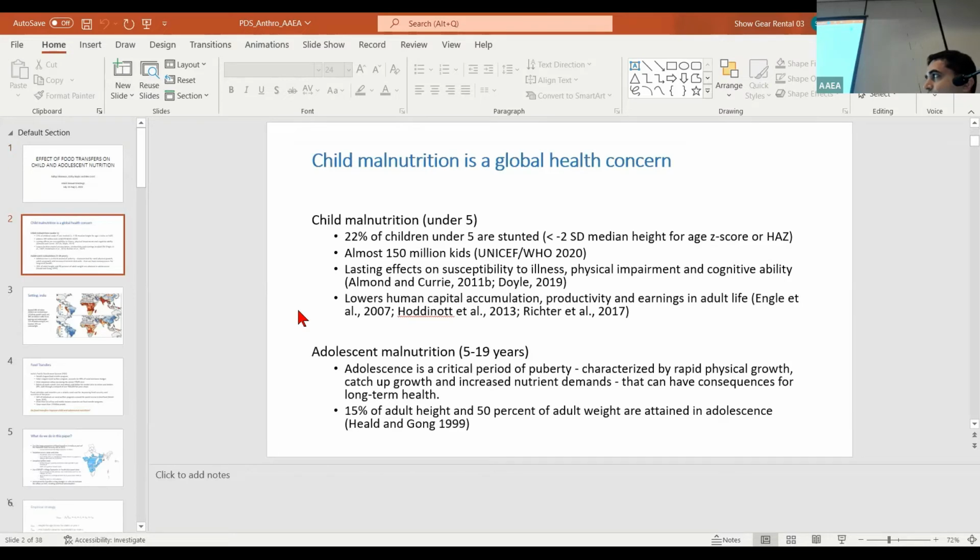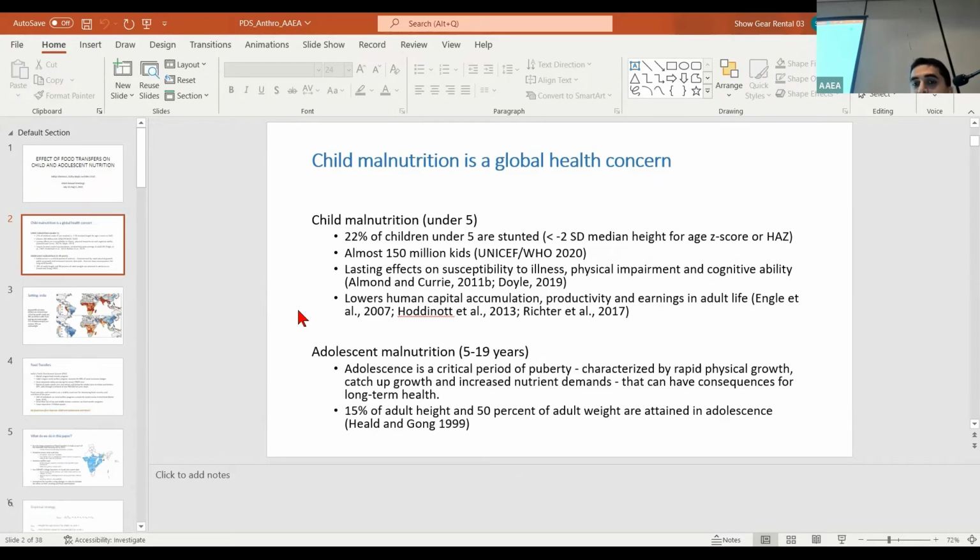So just to motivate the paper: it's well known that child malnutrition is a global public health concern, and a lot of children around the globe are stunted. Stunting here is a measure of lack of height, or linear growth.